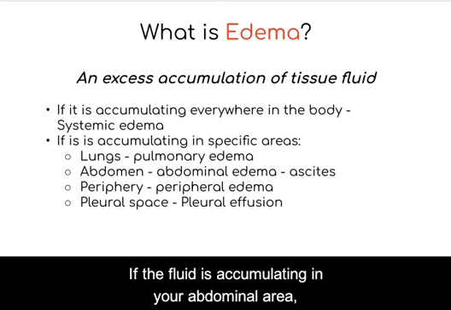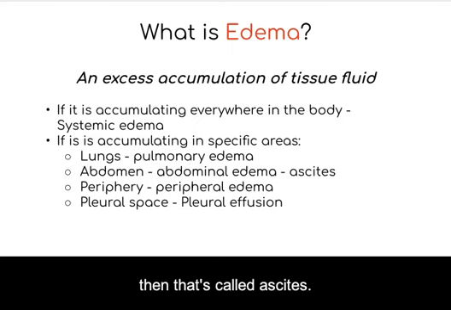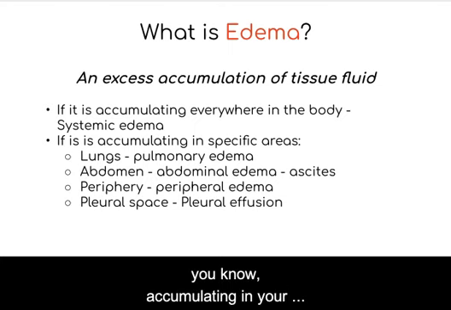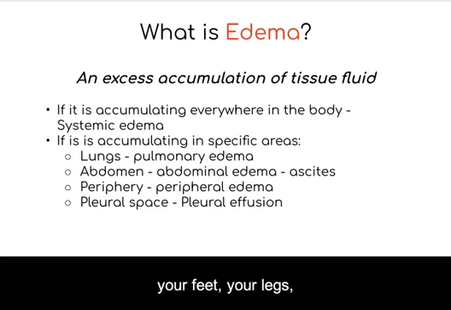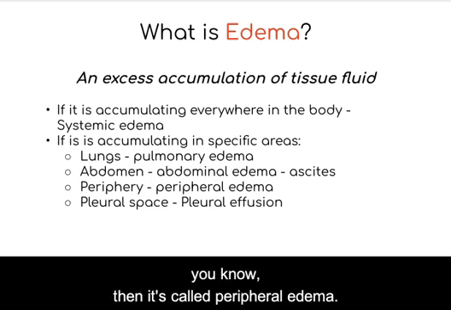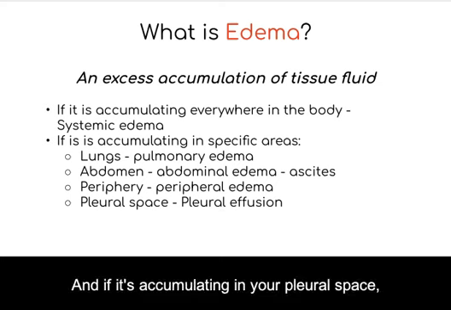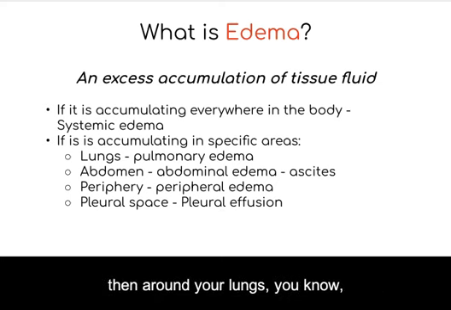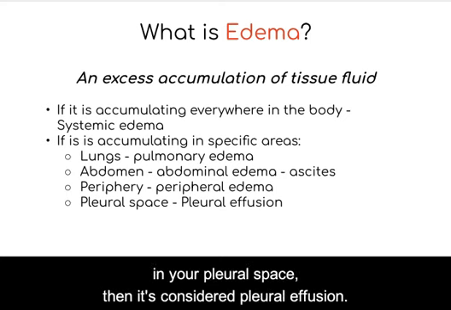If it's accumulating in your abdominal area, that's called ascites. If it's accumulating in your periphery, for example your feet and legs, it's called peripheral edema.